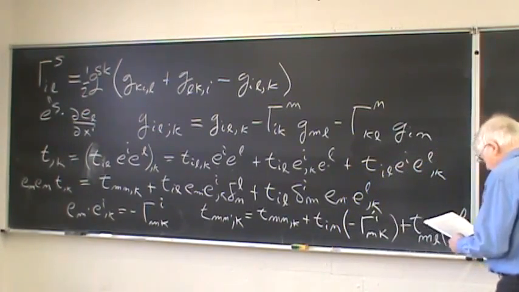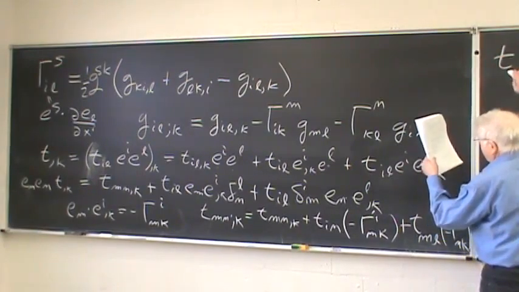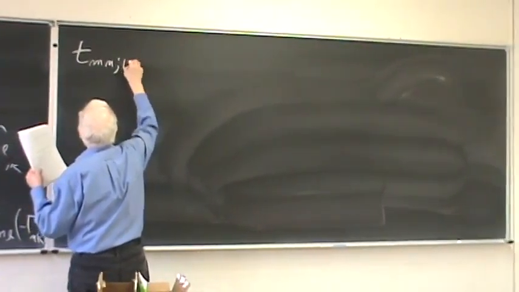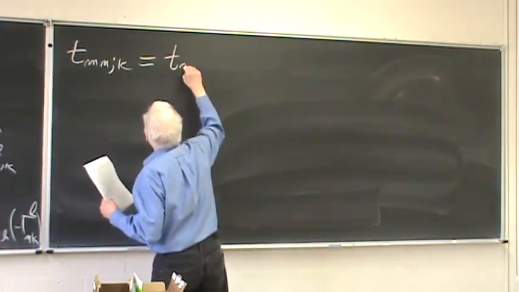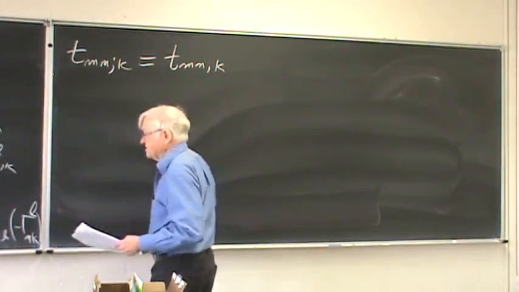Okay. So now if we write it out simply, what we have is T_MN semicolon K. The covariant derivative is then defined as T_MN comma K, and then two minus signs.